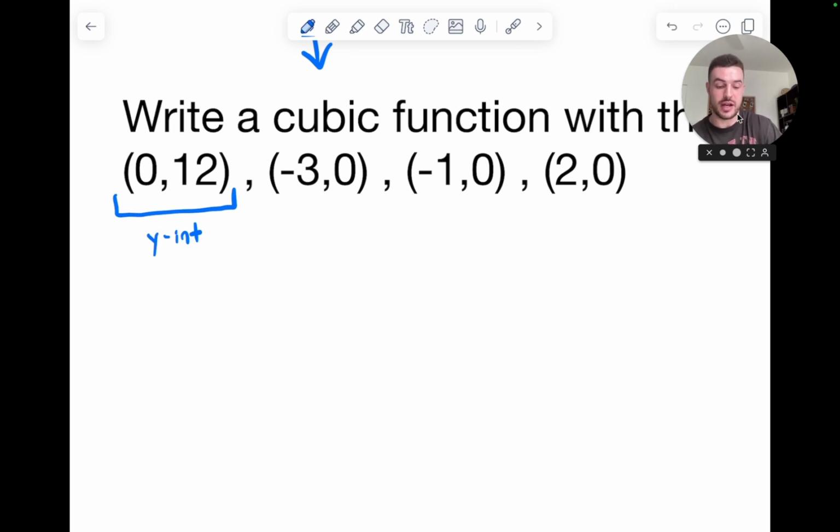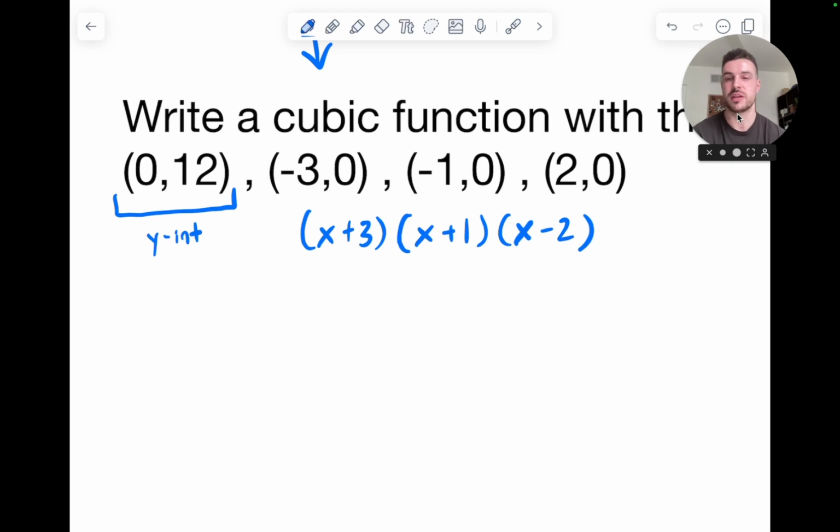So with these other x-intercepts, I can write their factors of x plus 3, x plus 1, and then x minus 2. Now, what we're going to have to do is consider the fact that there could be some a value in front, and we don't really know what it is.